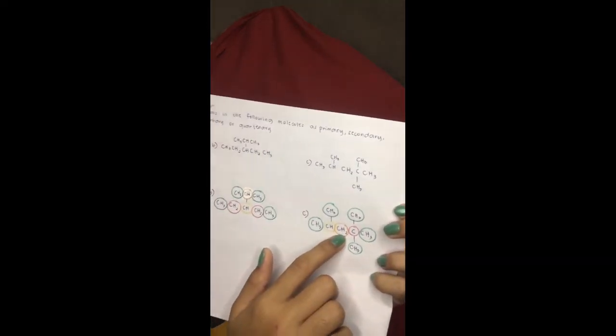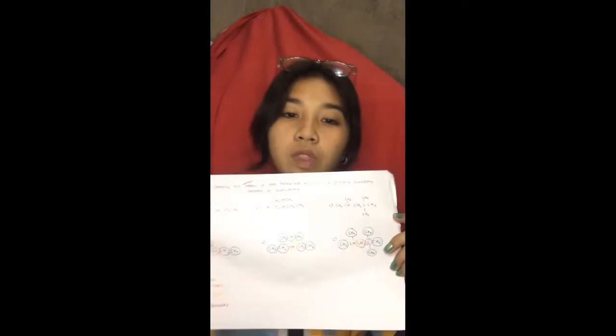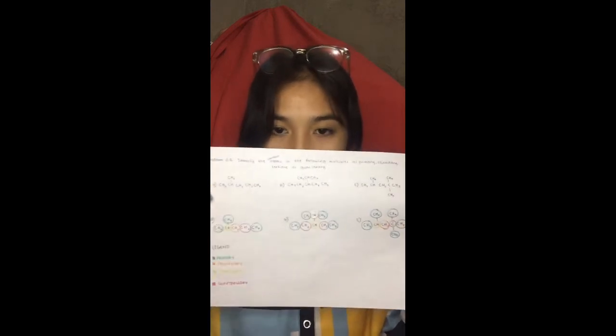And the secondary one is in the middle one, this one, the orange one. And the tertiary is this one, CH. And the quaternary is this C, this pink one. So these are all the answers in my problem 2.8.